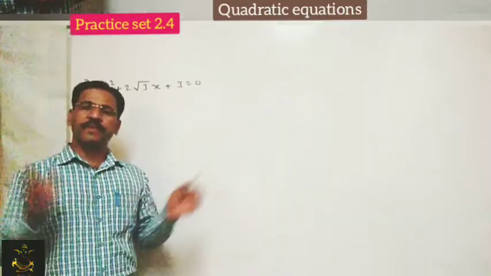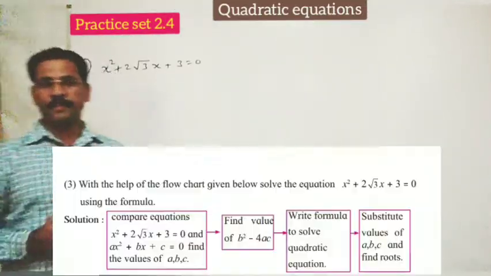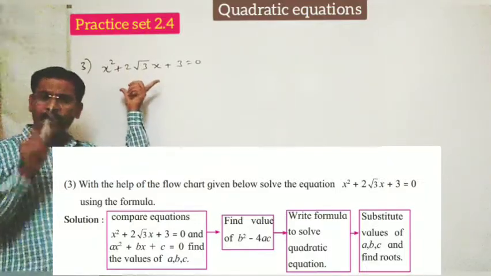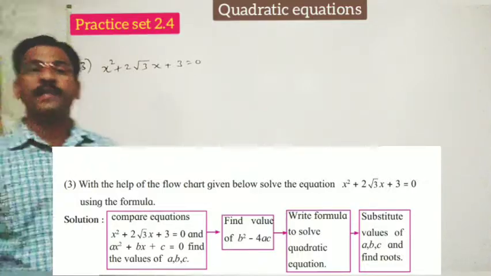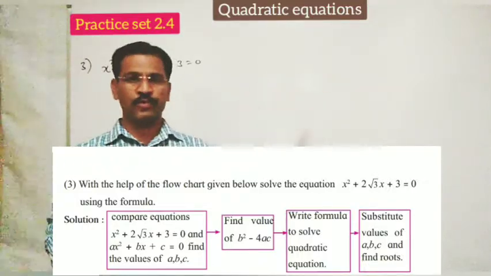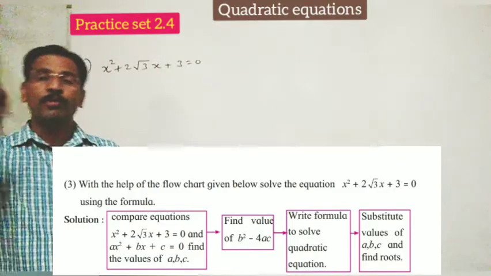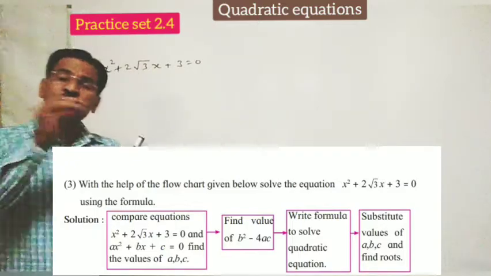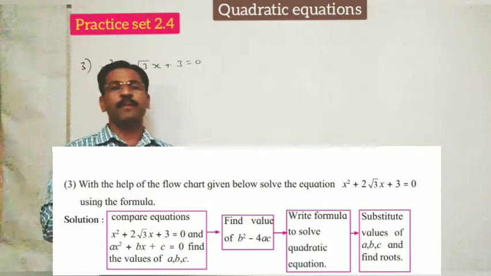Okay friends, see friends, this is the third question. This is actually an activity example. Here is the one equation they have given to us. We are going to compare this equation with the standard form, that is ax square plus bx plus c equal to 0. After comparing, we have to write the values of a, b, c. After getting the values of a, b, c, put the values in b square minus 4ac and find the value of b square minus 4ac.